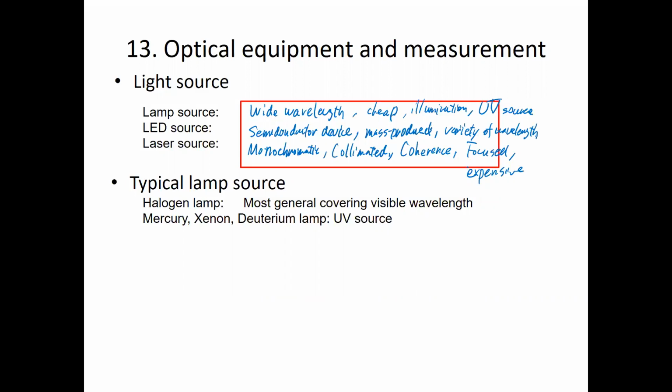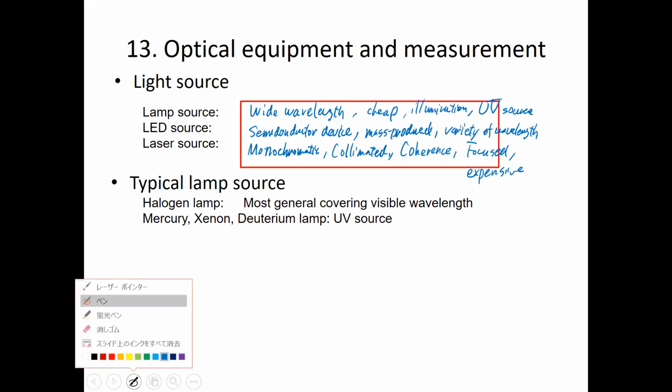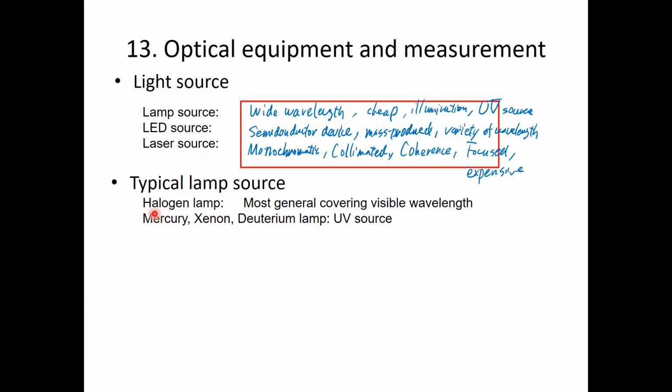Okay, so let's move on to start from the lamp sources. First, you see the halogen lamp, which is the most general light source used for microscope or some general purpose of illumination, which covers the visible wavelength region.